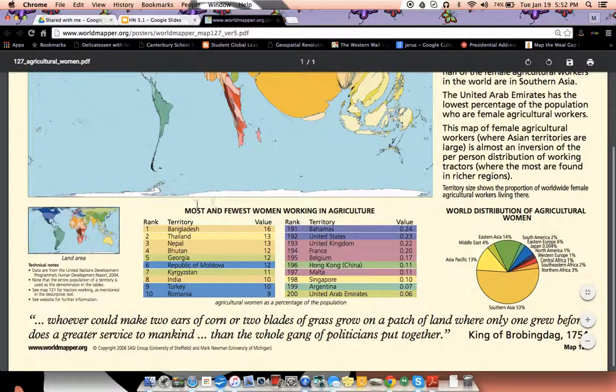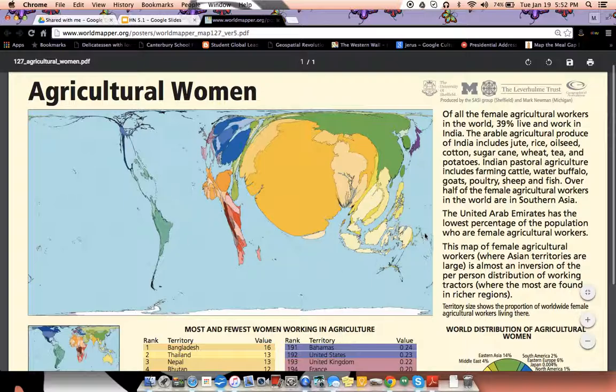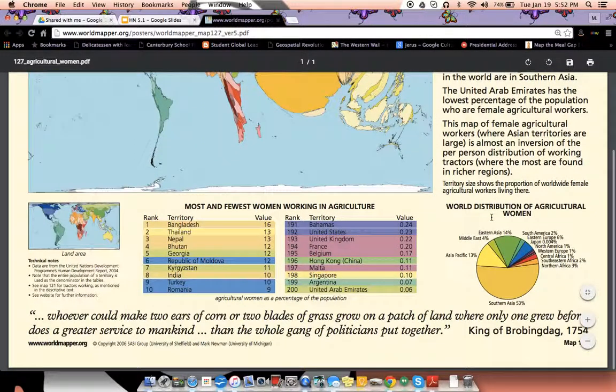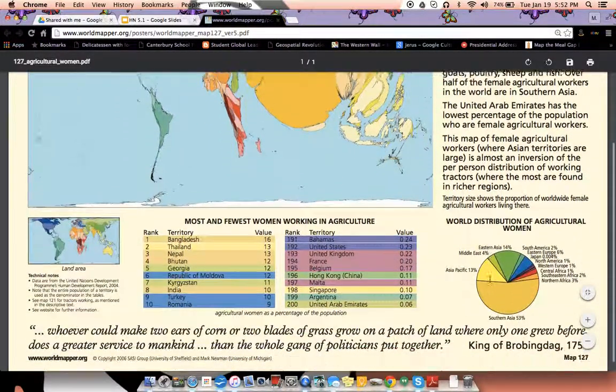And then here is the ranking, so, most and fewest women working in agriculture. And if this map didn't get the message across enough, you can definitely look at this pie chart, which is a visual of what I just read to you.